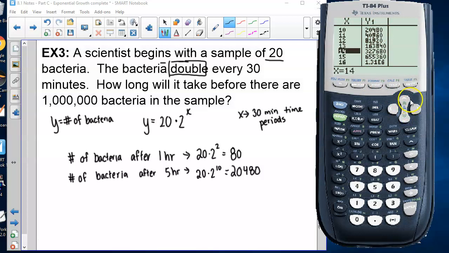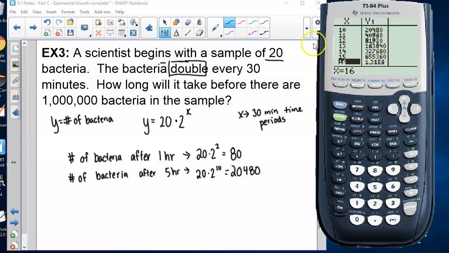If you're in negatives, you're probably down here. You don't need those, so don't worry about those. Go on up here. So right here, this is 655,360. Then it goes to 1.31E6.